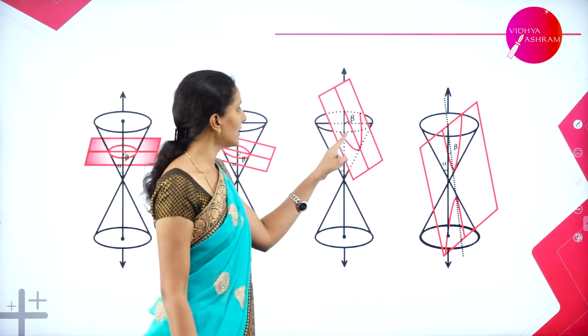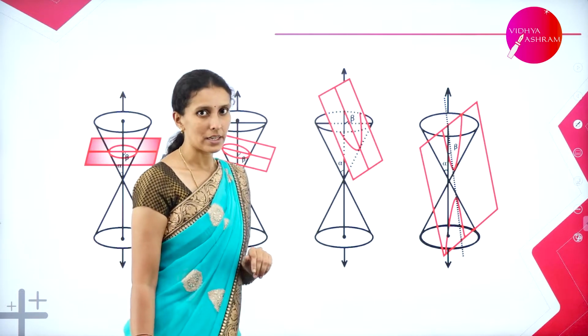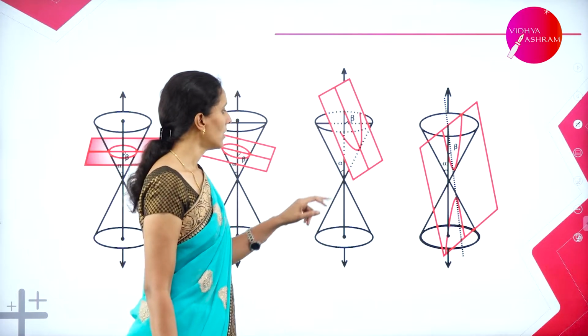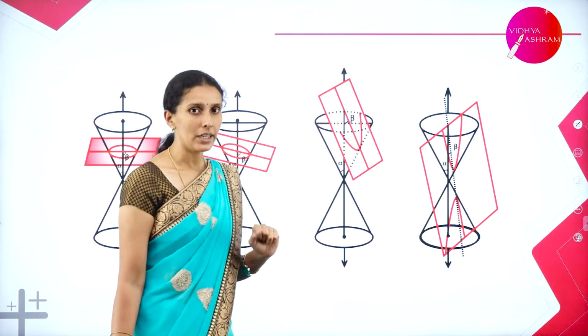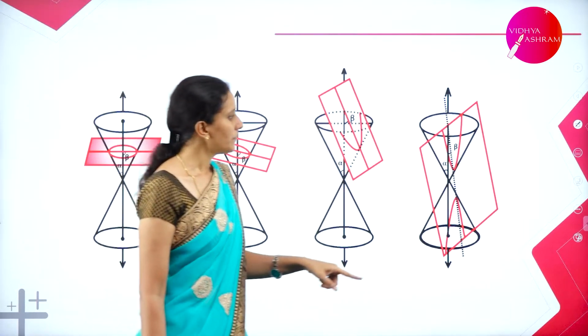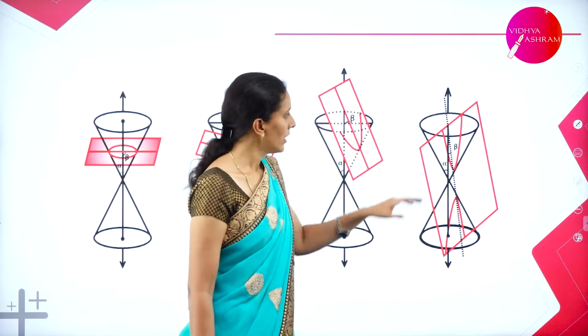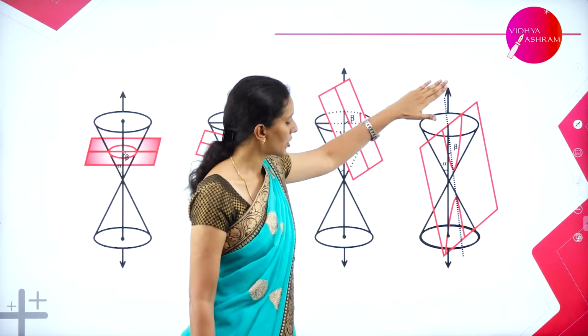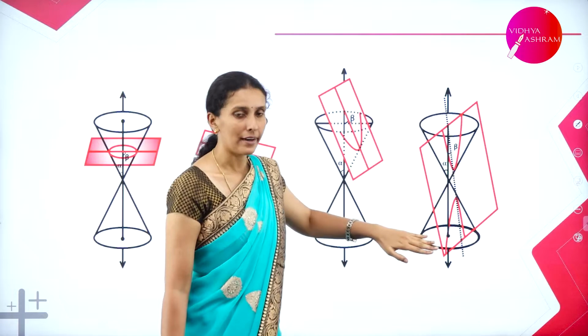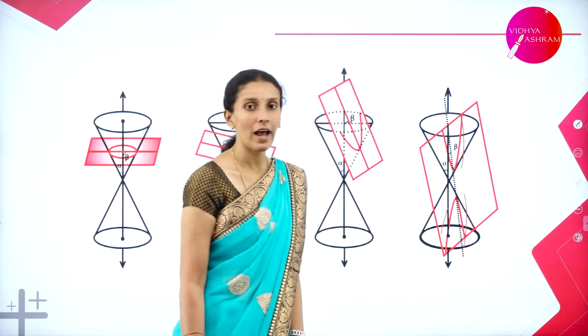Next, when a cone is intersected at a particular angle where alpha and beta are equal, there you will get a curve called parabola. And whenever angle beta is less than angle alpha, and the plane intersects both the cones at a particular angle, you will get a curve hyperbola. So this is the curve hyperbola.